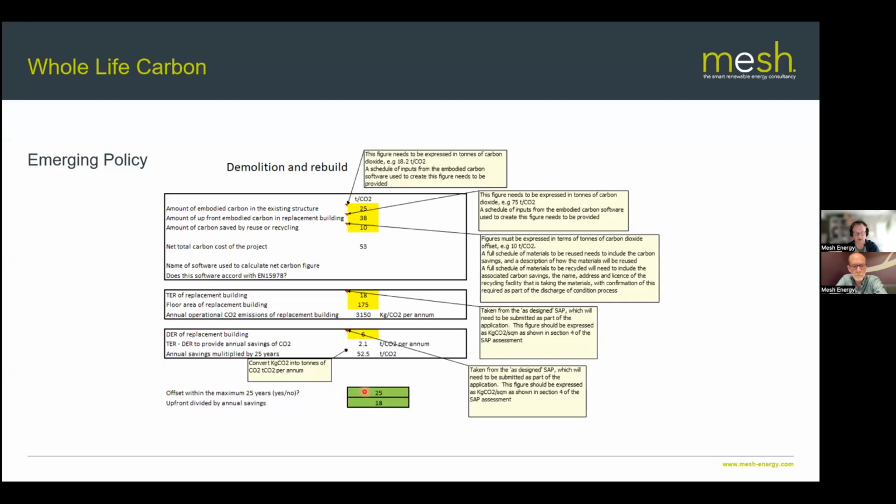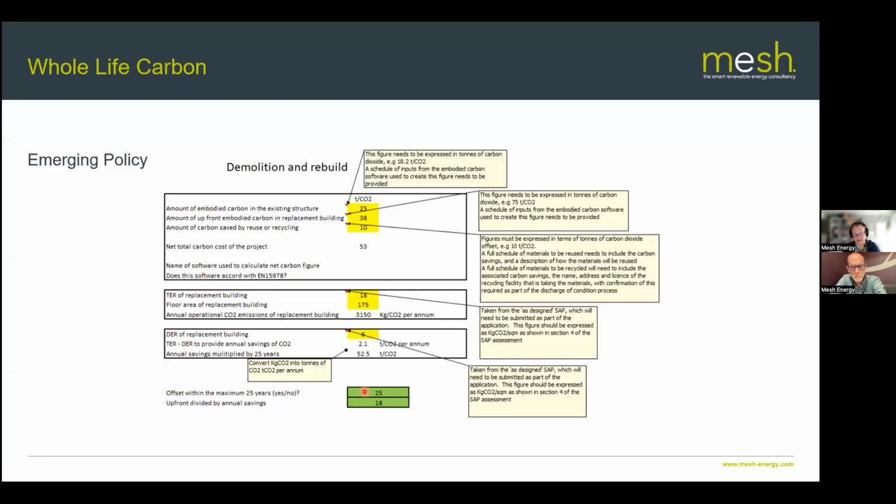And of course, we're starting to also look at this in reverse, so we can complete the SAP calculation for the proposed design and understand the existing embodied carbon, and how much could be reused, and then it helps us set a target for the upfront embodied carbon for the proposed design to meet that 25-year limit.